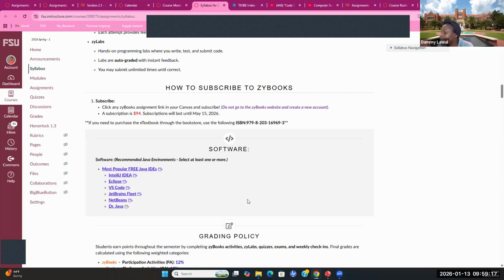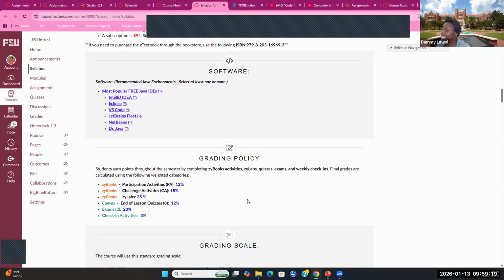So that being said, like I said last week, your IDE is very, very important. Where are we going to write the code? We need a programming environment to write the code. So for this class, we will be using IntelliJ, but I am not restricting you to a specific IDE. You can use any one, but for the class demonstration, we will be using IntelliJ.